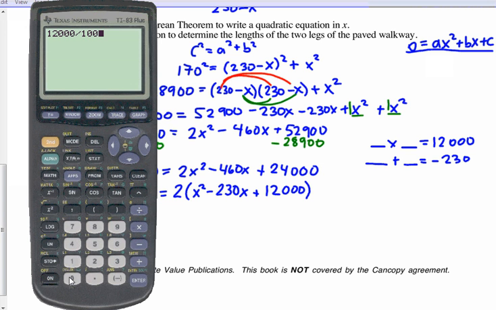So let's start with 100. 100 and 120. We're getting close, right? What do we know about both numbers? They both have to be negative, because we're multiplying to a positive and adding to a negative. So 120 and 100 is not it.